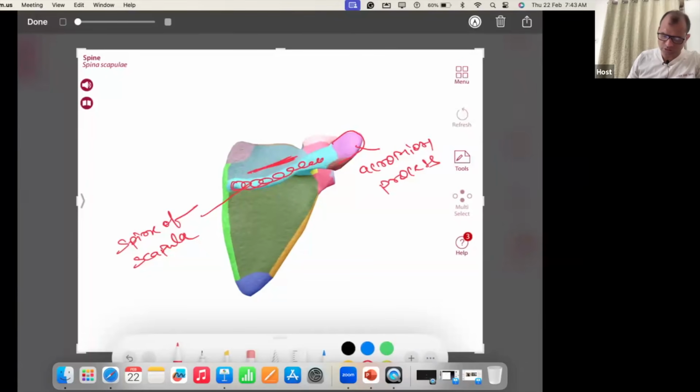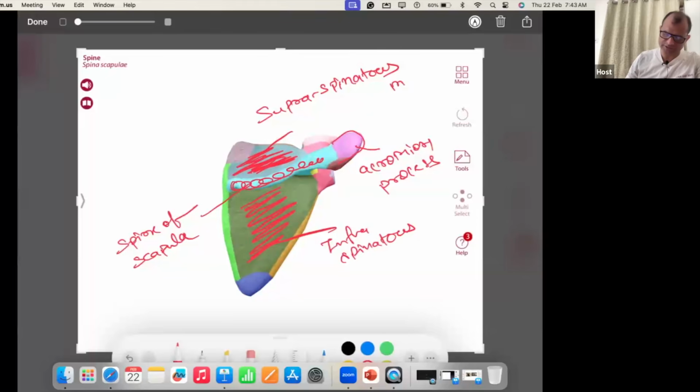The muscle here is called supraspinatus, and the muscle located here is called infraspinatus. So there are two muscles here, right?